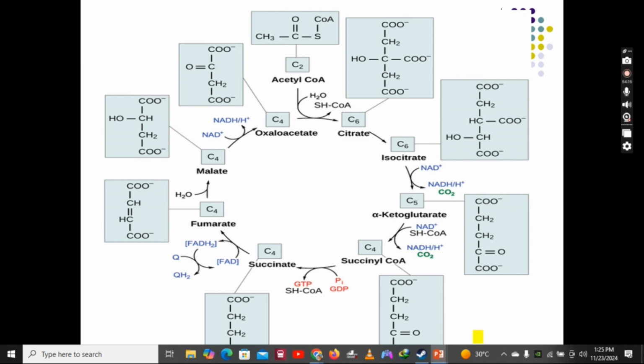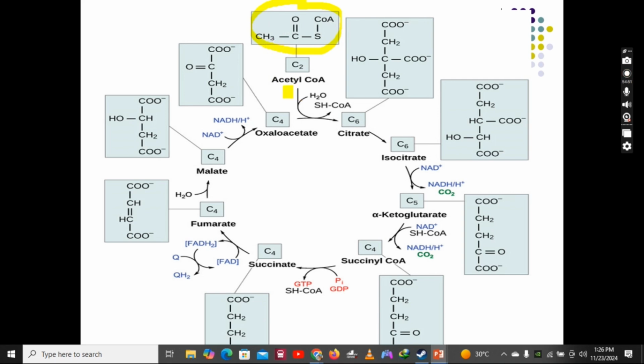This is the overall picture of what we've been talking about. We started from here. This is our CoA, where we started from, the sulfhydryl CoA. The sulfur that is attached to the CoA enzyme reacts with the molecule coming from the pyruvate.